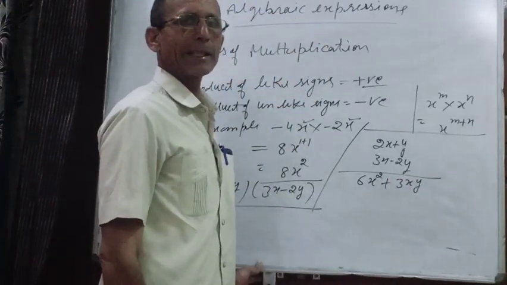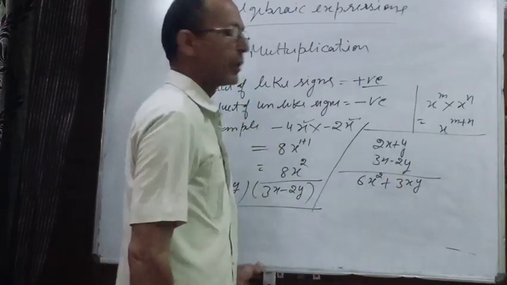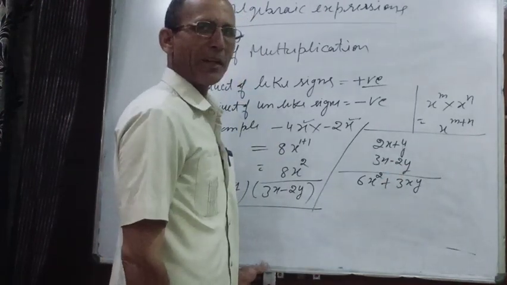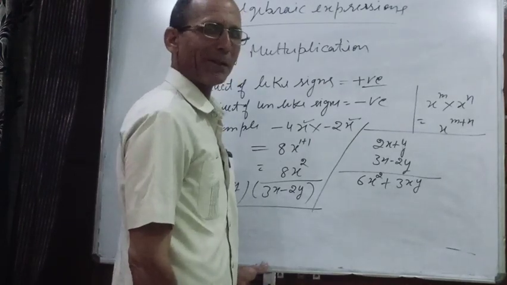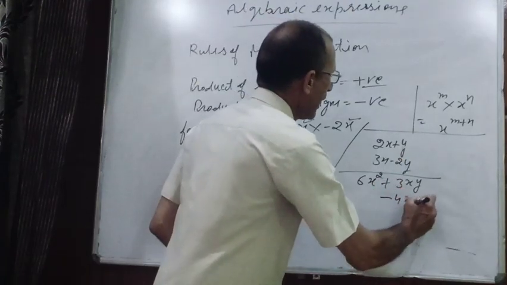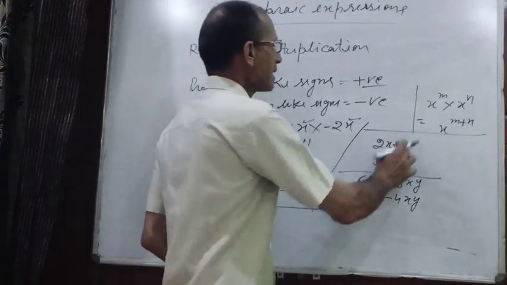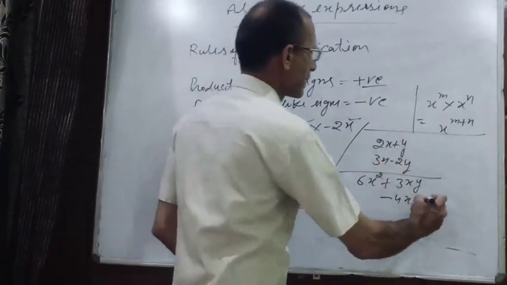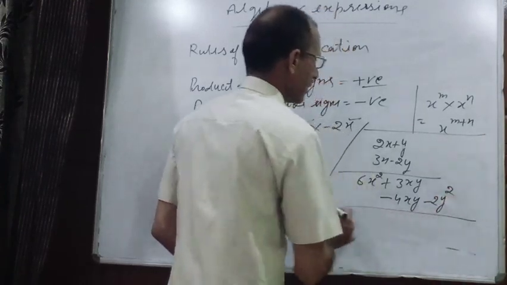It's clear? Yes. Now minus 2y multiplied with 2x. 2 multiplied with minus 2, minus 4. x multiplied with y, xy. So here, minus 4xy. Plus minus, this is plus, this is minus. So minus 2y square.